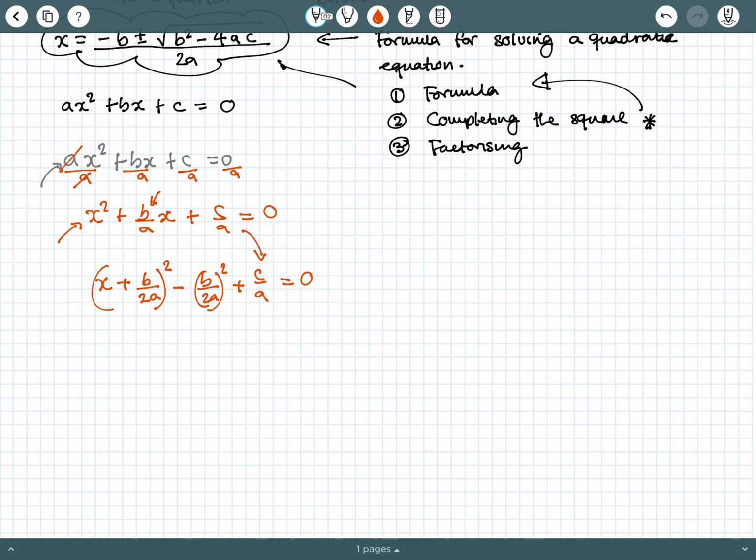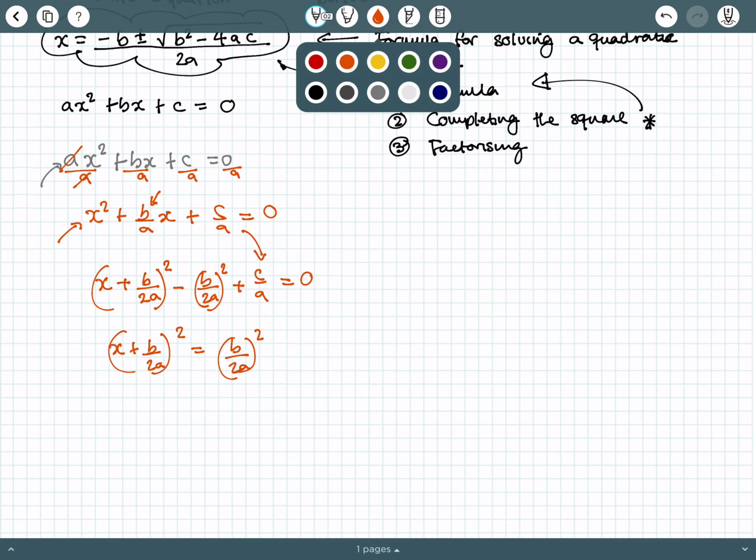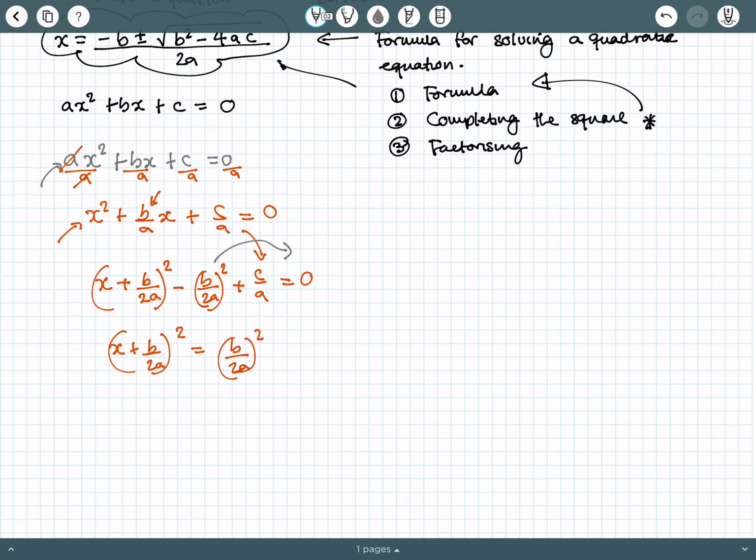Okay, so x plus b over 2a squared is equal to b over 2a squared, because I've moved it to this side, and I'm going to move the c over a to the other side as well, so this becomes a negative.